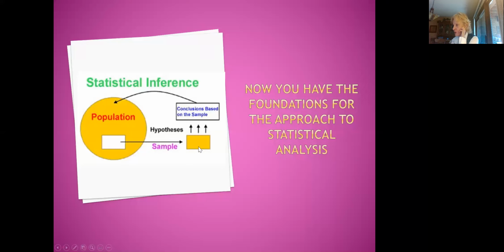You come up with your conclusion based on that sample, and then it goes back to the population, that this is the conclusion you're drawing about the population. So now we'll conclude this little presentation on inference, and you're ready to move on to the next.